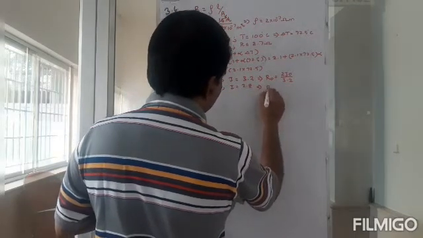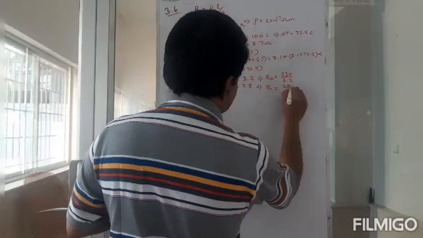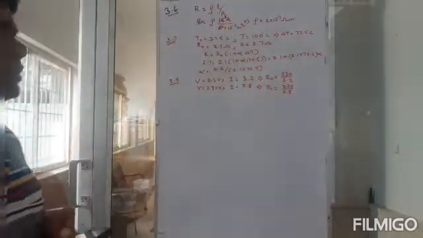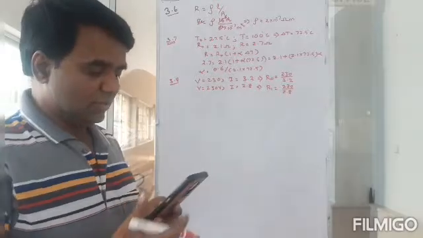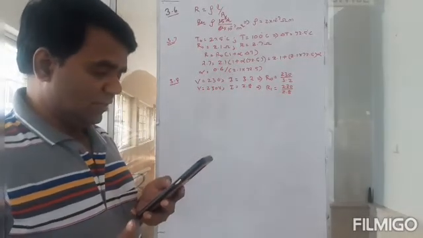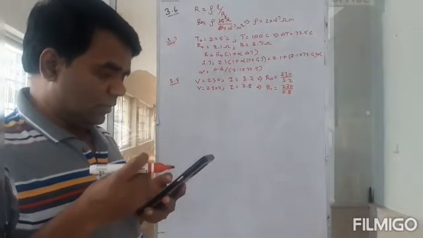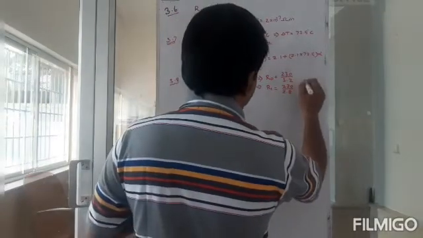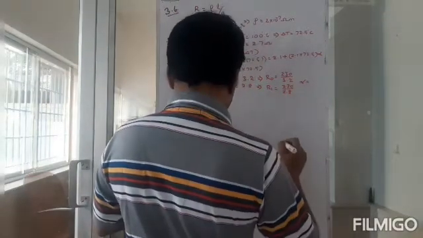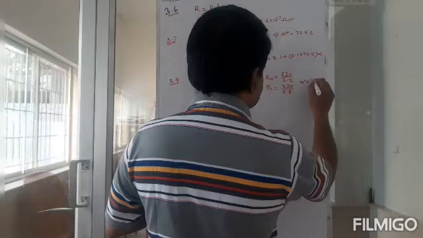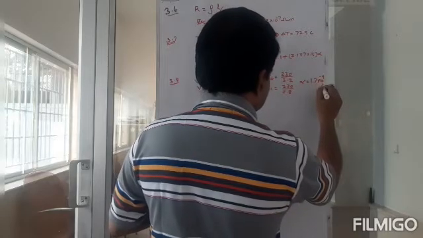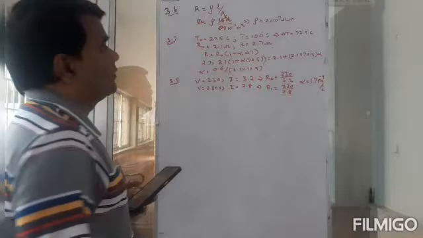Then what is your R1? The same 230 by 2.8 is your R1. So now we have two resistances. Now what is expected? The temperature coefficient alpha is also given to be 1.7 into 10 power minus 4 per degree Celsius.